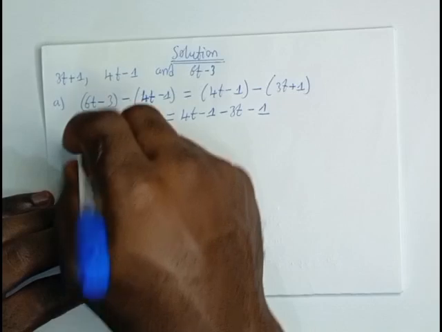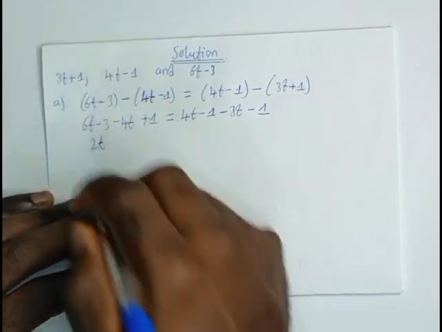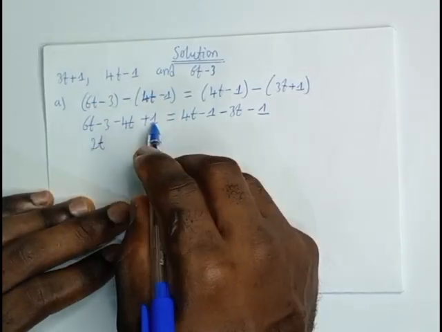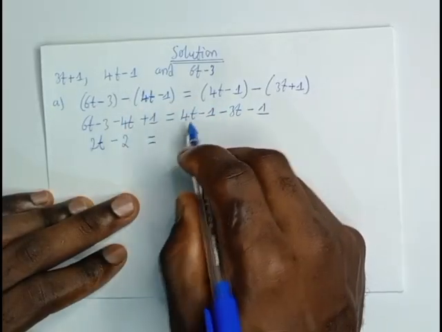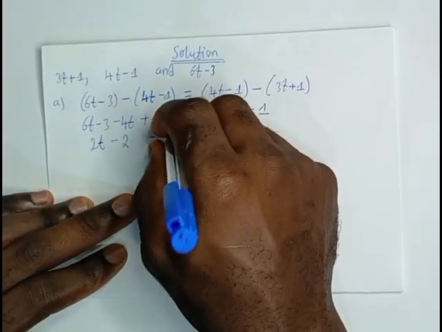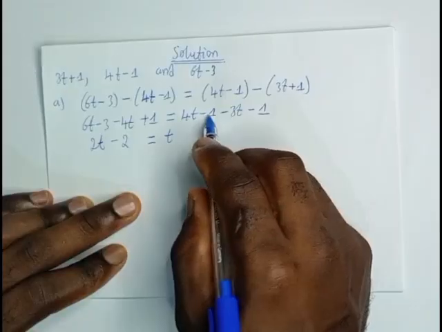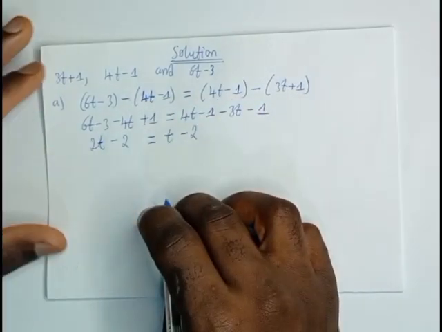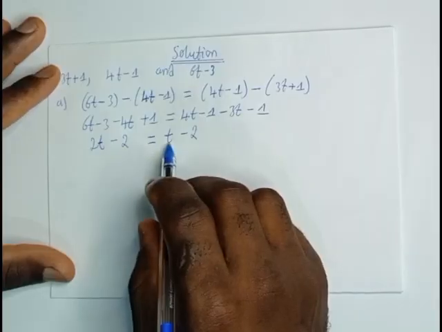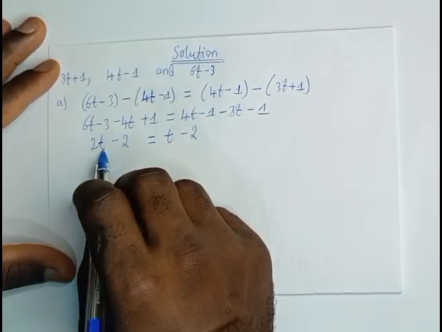6t minus 4t gives us 2t. Negative 3 plus 1 gives us negative 2, is equal to 4t minus 3t gives us t. Negative 1 minus 1 gives us negative 2. We are looking for t. We are going to transfer t to the left hand side.